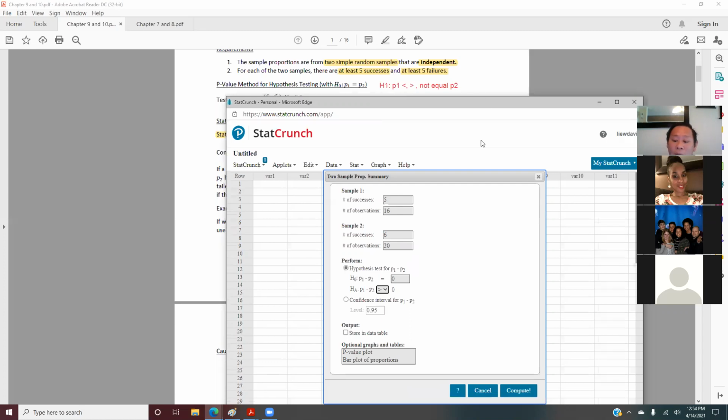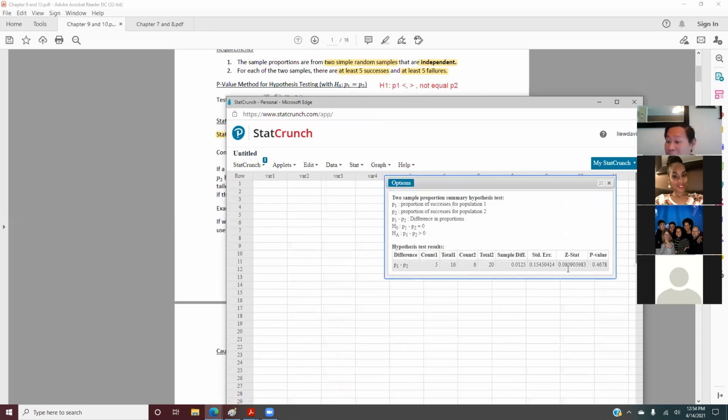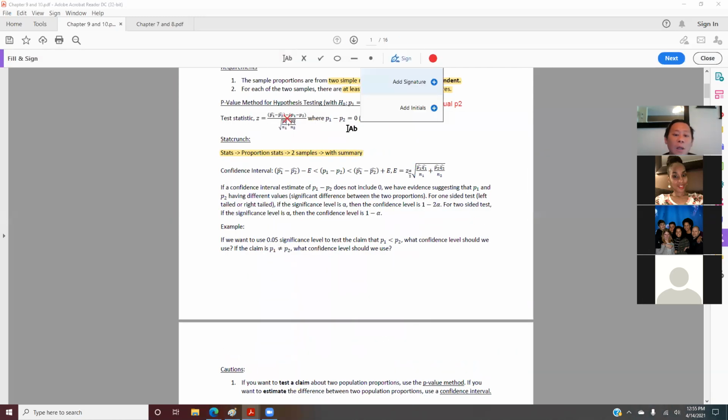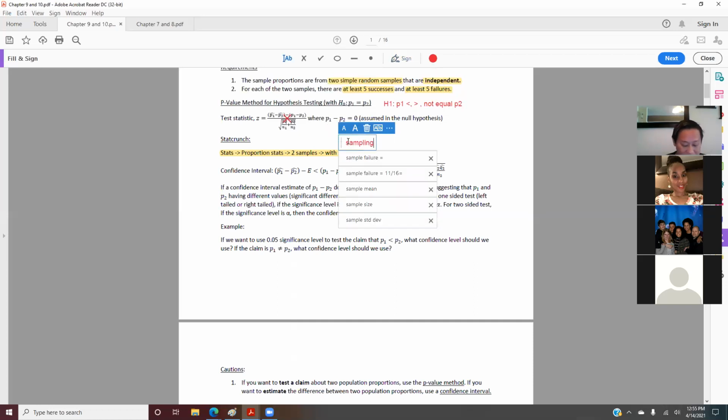I hit compute. Again, this is the Z: this is the p-value and this is the test statistic. In my test, I will ask for the sampling distribution, and the sampling distribution will be Z.